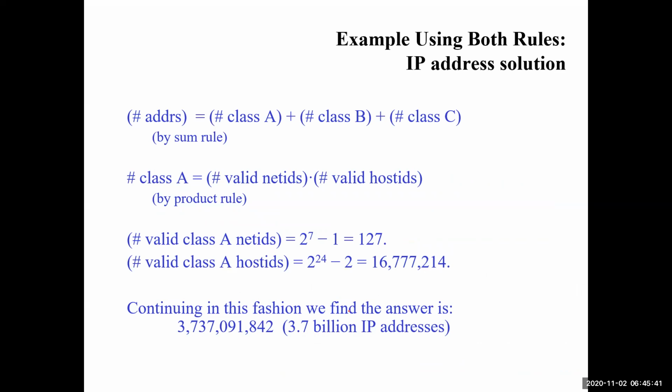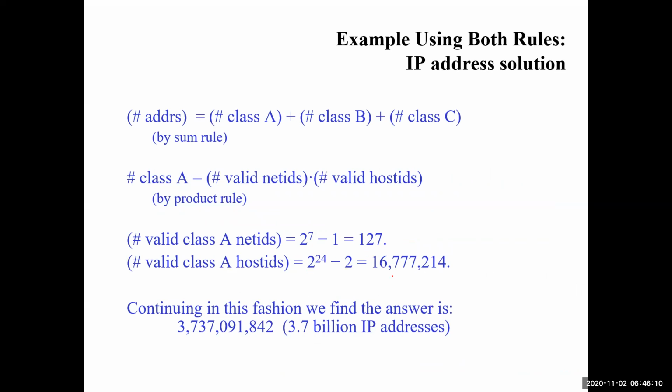We have 2 raised to 7 possibilities minus 1, so there are 127 network IDs, and 2 raised to 24 minus 2 valid host IDs. By the product rule, the total number of IP addresses will be the number of valid net IDs times the number of valid host IDs.